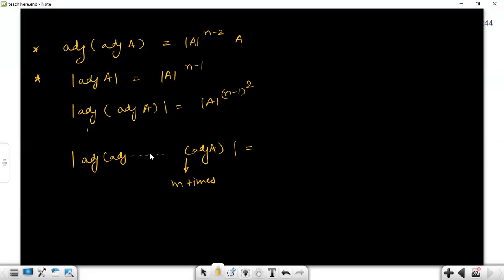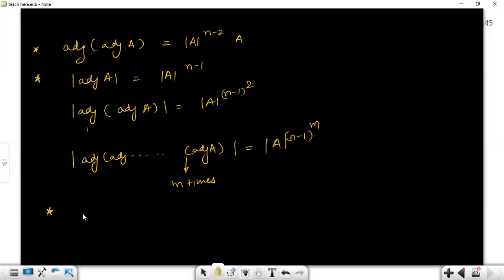We are finding the adjoint of A repetitively m times. So this is equivalent to A modulus of A raised to power n minus 1 raised to power m. Clear, everyone? Yes, sir.